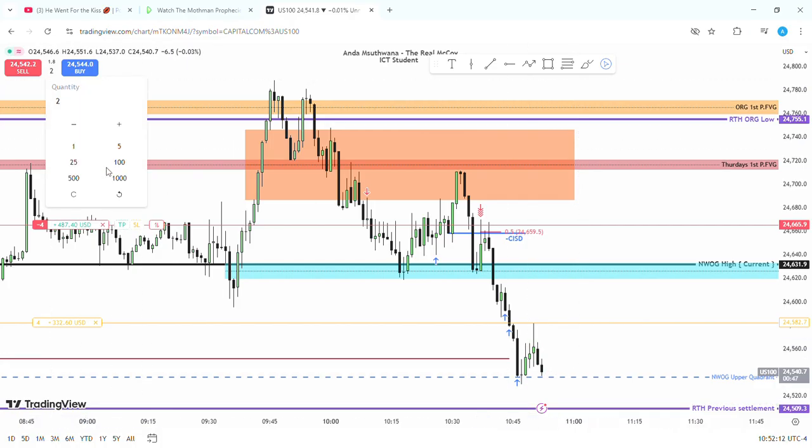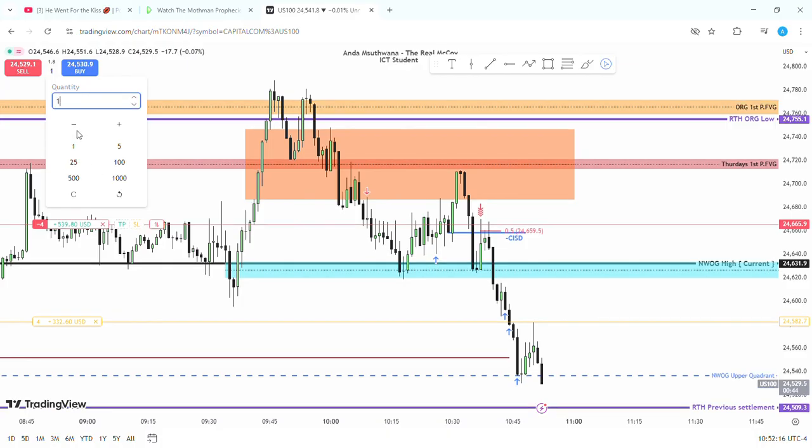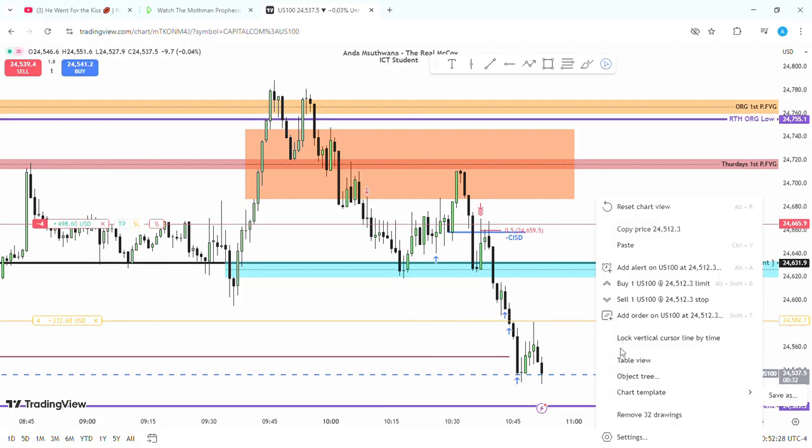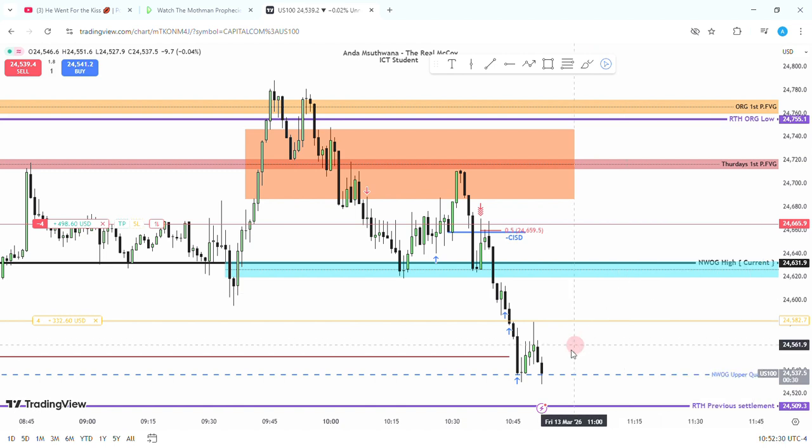And so what that does is it creates a ton of liquidity pool below the marketplace in the form of sell stops. And so at some point it has to get down and offset those lows. Do you understand that? I hope I'm not throwing you off here with the terms.